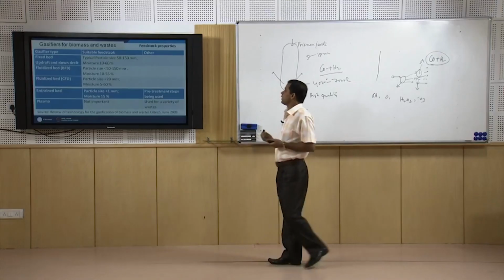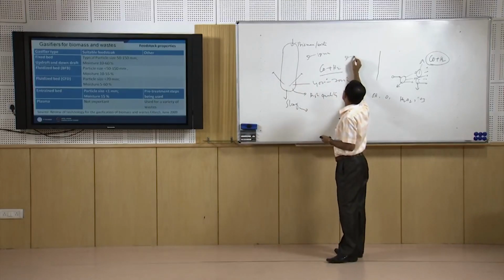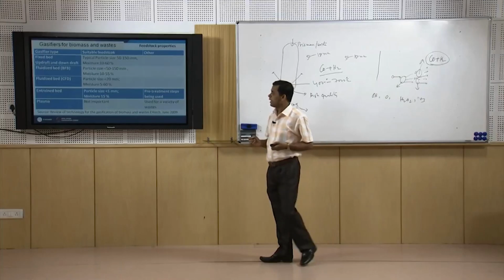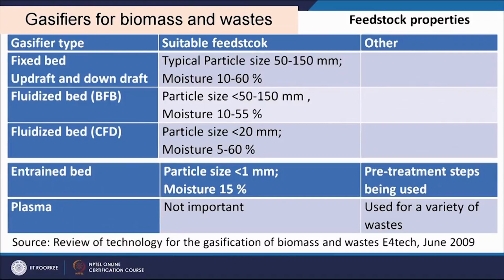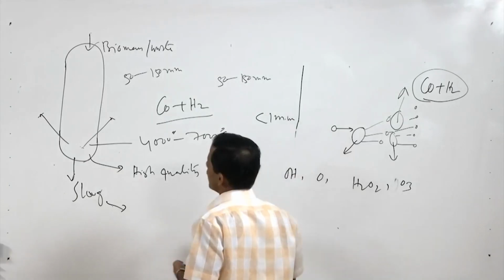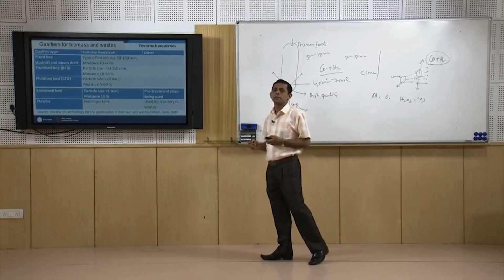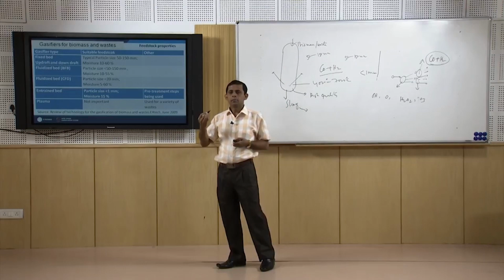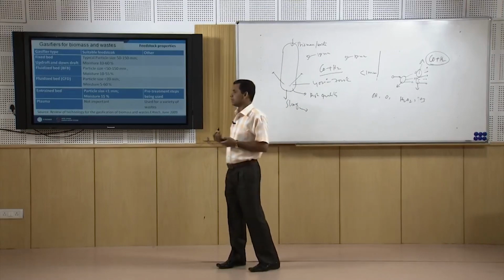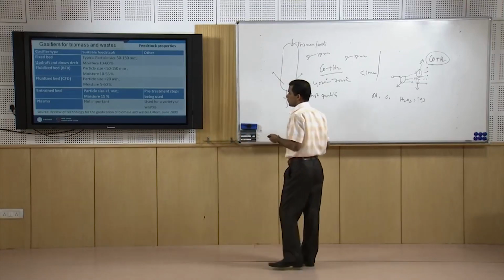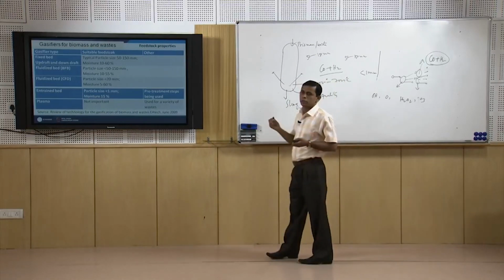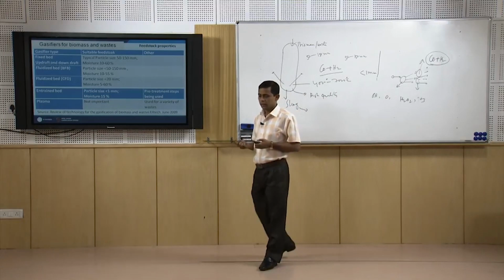For the fluidized bed, again it is 50 to 150 millimeter, but in the case of the entrained bed we need less than 1 millimeter, and for the circulating fluidized bed this is less than 20 millimeter. So, the particle size here is relatively bigger than that of coal gasifiers, but for plasma gasifiers there is no limitation, any particle size can be used.